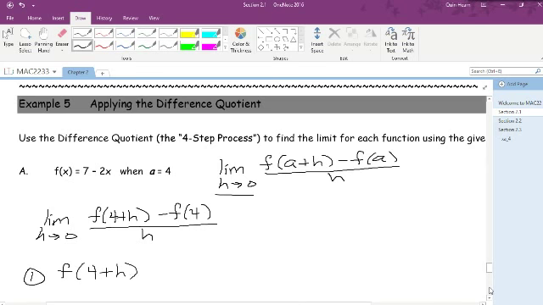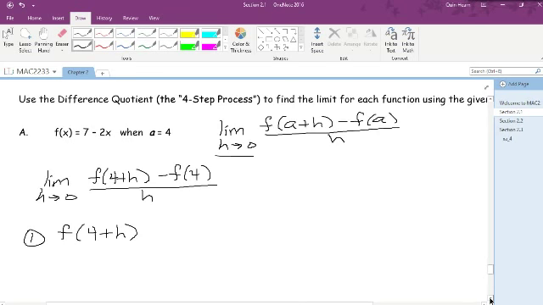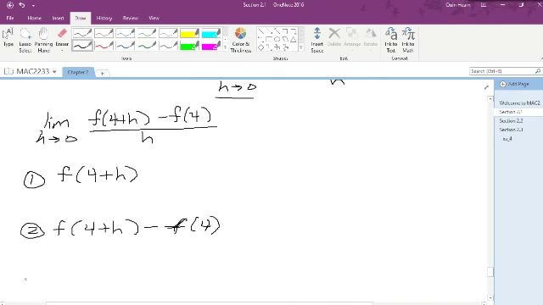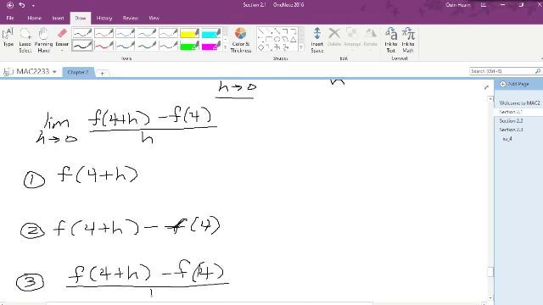The second step is going to be to figure out what f of 4 plus h minus f of 4 is. The third step is going to be to divide that whole thing by h. And the fourth step will be to take the limit.